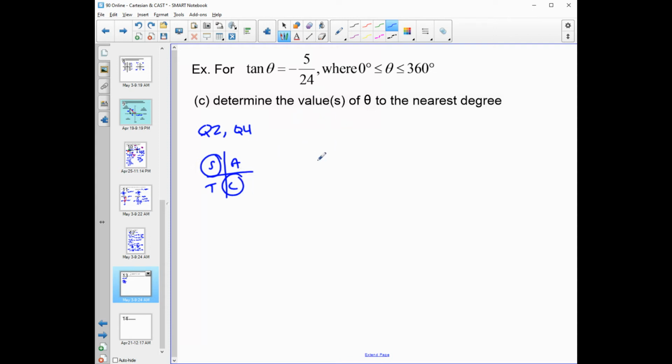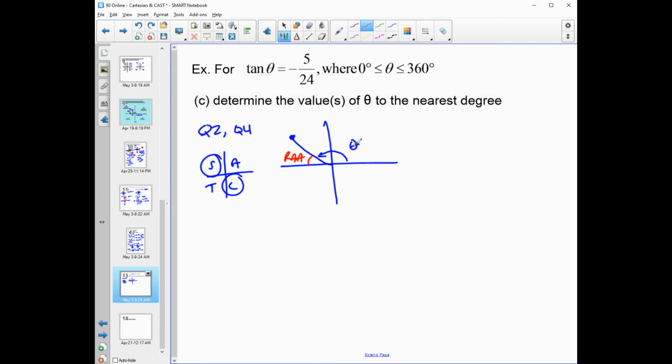So for the sake of this particular example, I wouldn't normally do this when I'm solving it, but I want you to see where it's coming from. Let's put our terminal arm in quadrant 2, which means there is one of my possible values of theta. And that would mean that this is the related acute angle.